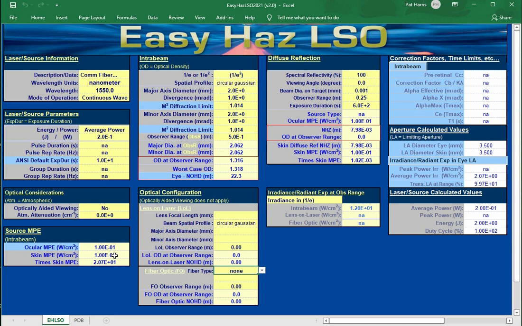But at 200 milliwatts, you might feel it, but it's certainly not going to be much of an issue. So in this case, I would just caution people, be careful. And if you stick your hand or your arm in it, you may feel it, but nothing much is going to happen there. You can take a look at the diffuse reflection stuff.